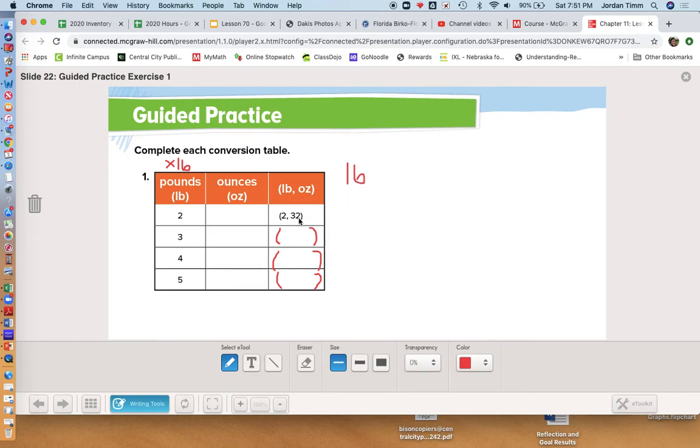If you don't know, you can line it up. The first one you should know because it's right here. 16 times 2 is 32. Then take it times 3, times 4, and times 5. I'll give you a few minutes to complete the chart and then we will check it.